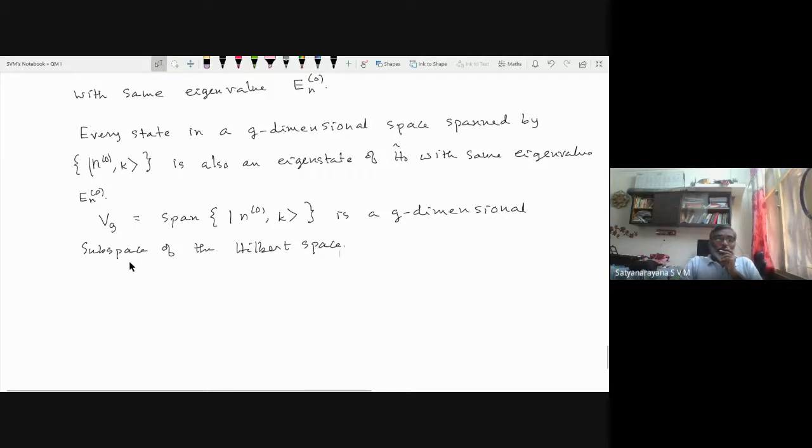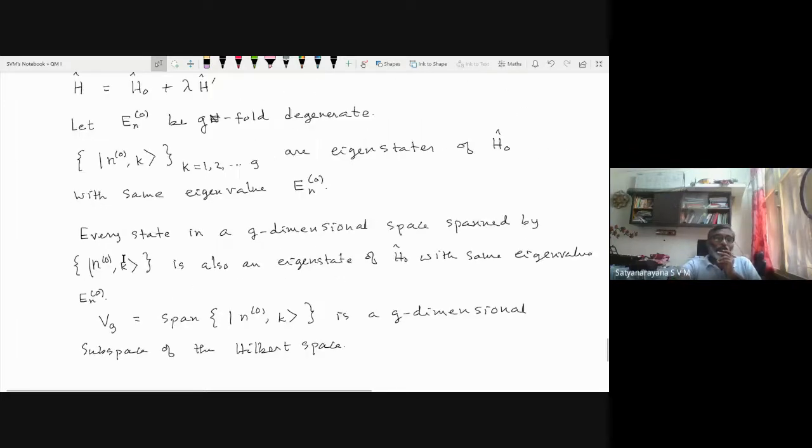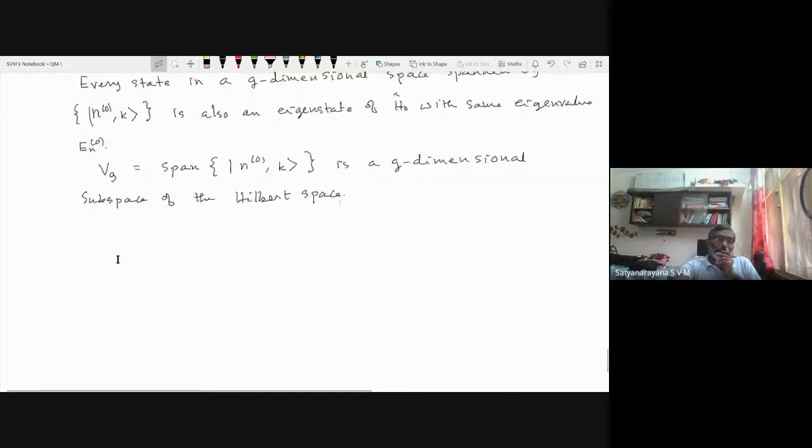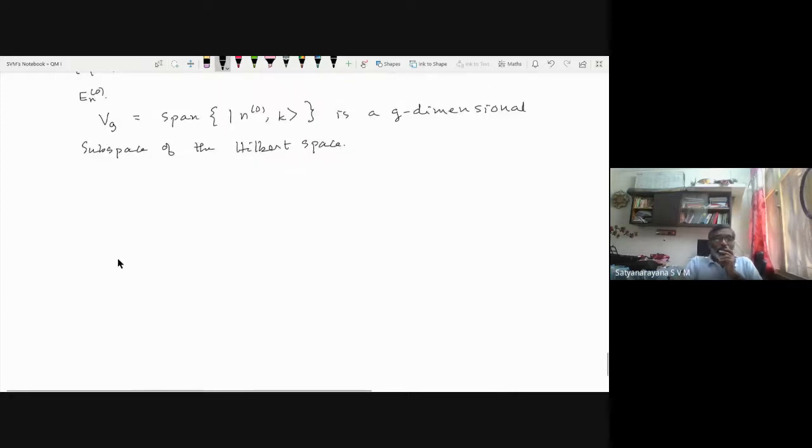Now if I want to understand it in the language of the picture I have drawn here, there are many energy levels, and all of them have the same energy. This is the state n0 1 and this is the state n0 g.